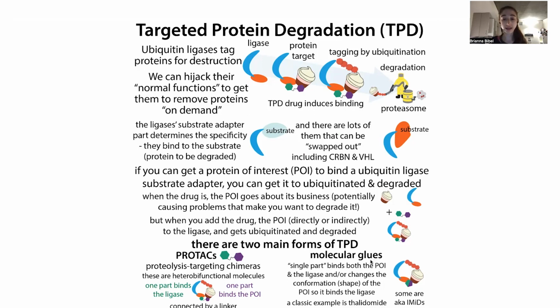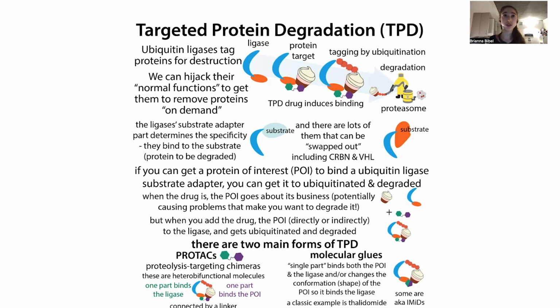In the case of a molecular glue, here you have a single part, and that single part is going to bind to both the protein of interest and to the ligase, so you don't have two separate parts and a linker, as in the case of a PROTAC. Instead, you have a single thing. Some of these also, or in addition, can change the shape of the substrate, so of the protein of interest, to make it so that now it wants to bind.